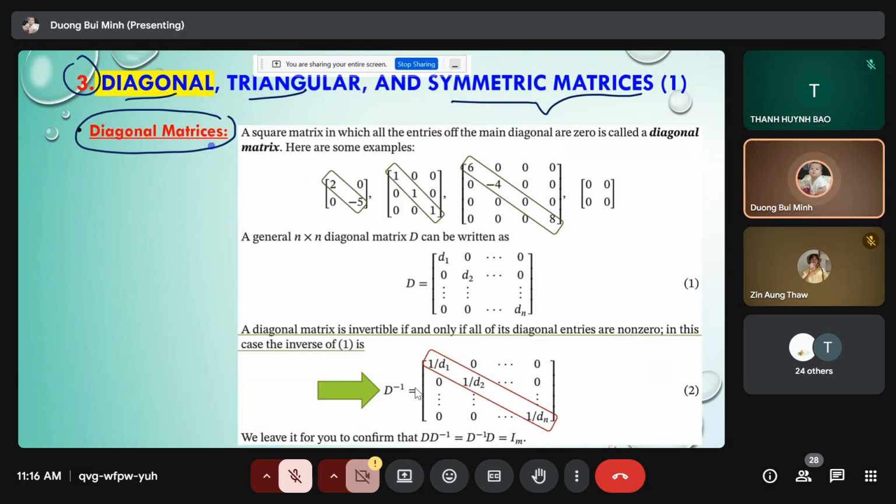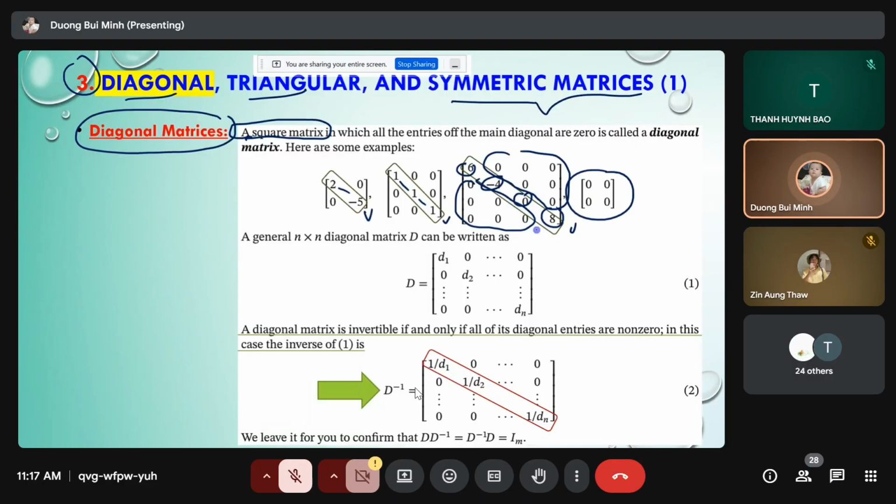Of course, to determine the diagonal matrix, the original matrix must be a square matrix. So for a diagonal matrix, the diagonal elements will be on the diagonal, and the non-diagonal elements must be 0.